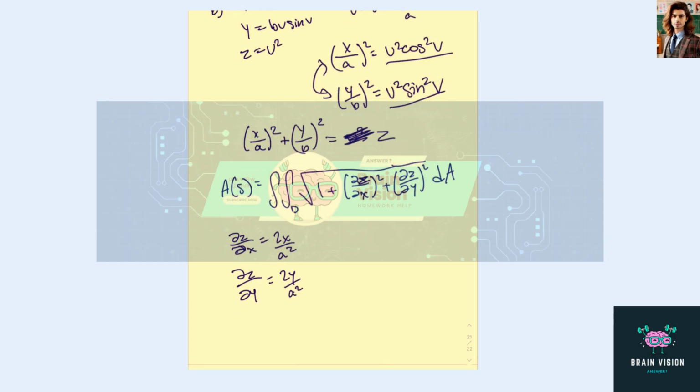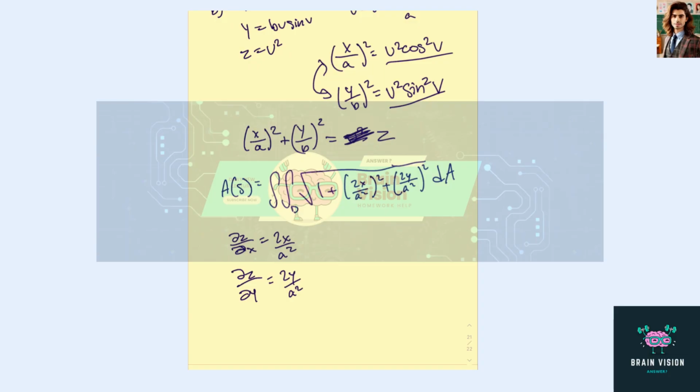So what we'll ultimately end up getting is this right here. We can just replace this with the value squared, so it'll be 2x over a squared and 2y over b squared. So that's what we'll get.